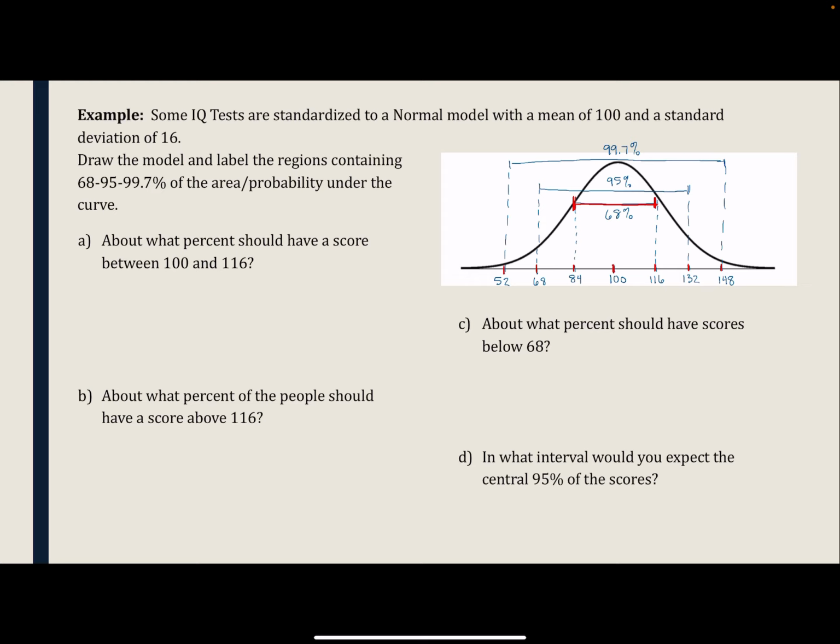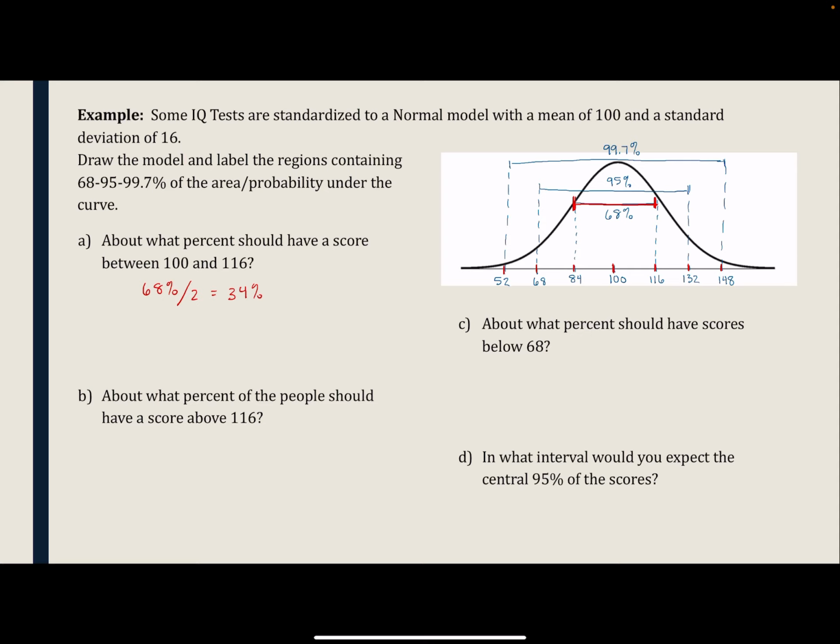So this 100 is directly in the middle of 84 and 116. So if I divide this 68% by 2, I'll have my answer. So 68% divided by 2 is going to give me an answer of 34% of scores should be between 100 and 116.